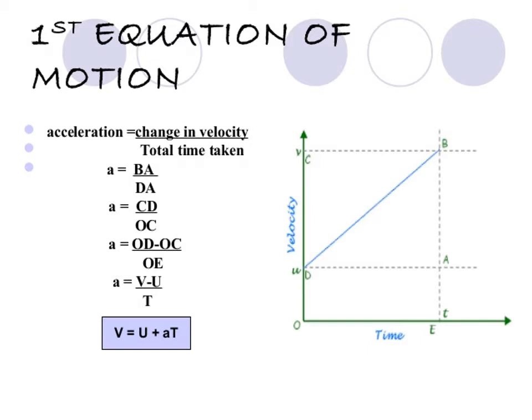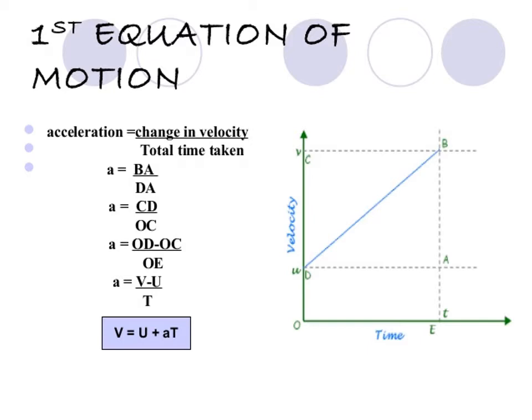Mark the points A, B, C and E. The initial velocity of the object is OD, which is equal to EA, and the final velocity of the object is OC, which is equal to EB.